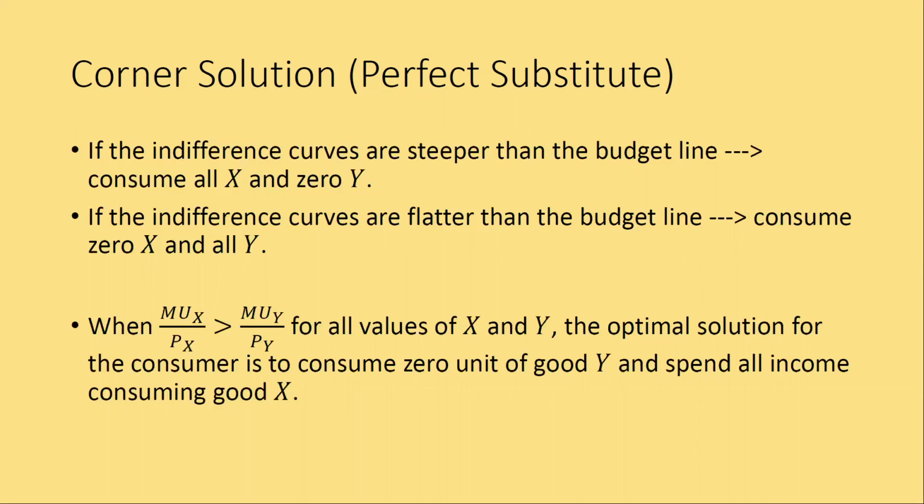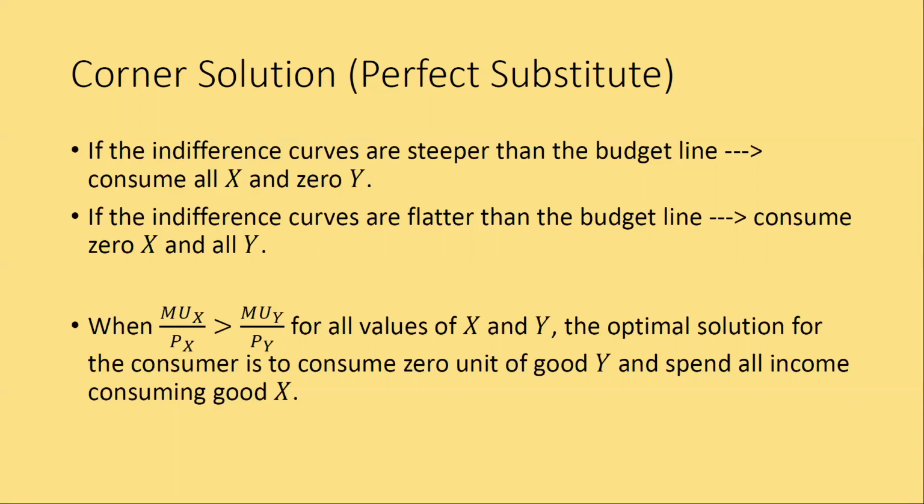Now, in the case of perfect substitute, the marginal utilities are constant. The price of good X and the price of good Y are also constant, given to you. So those two expressions are not going to change as X and Y change. They are fixed when the utility function and the prices of the goods are given to you.